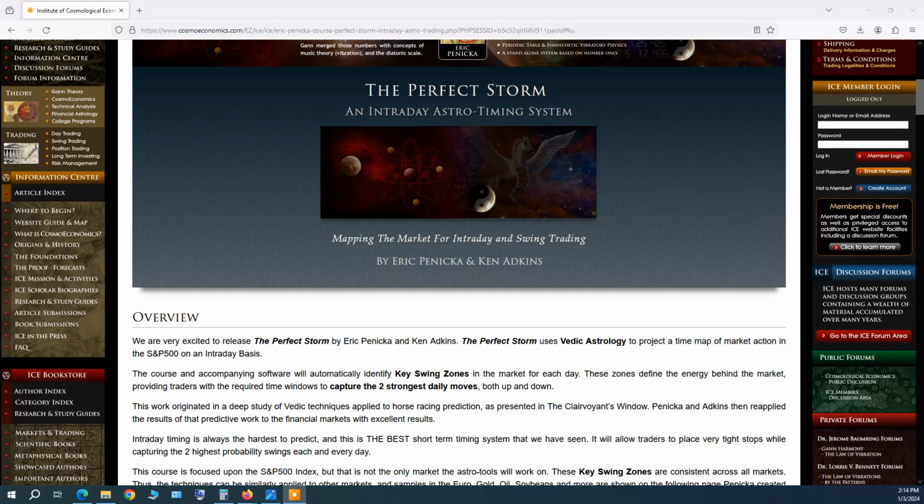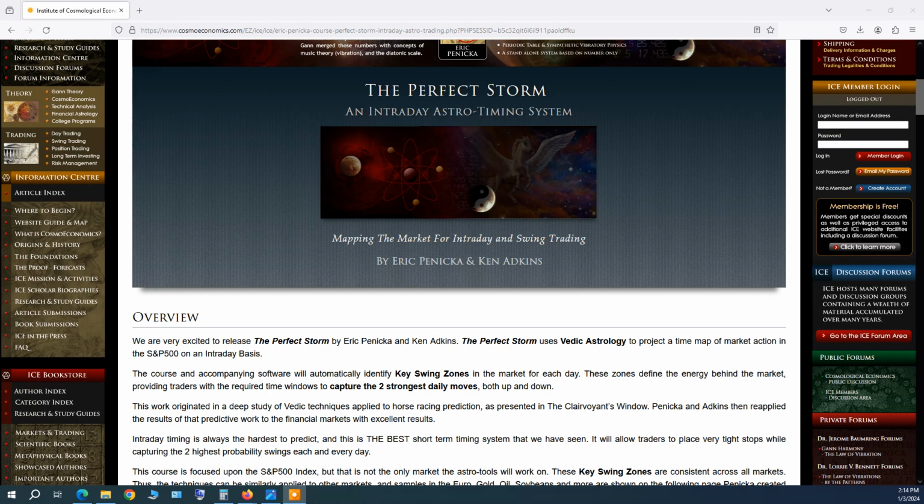We also have a software that does intraday aspects, and we explain how to choose what aspects to use in the book, because it's not a scenario where you just use every intraday aspect. There are certain ones to be keyed in on any given day.